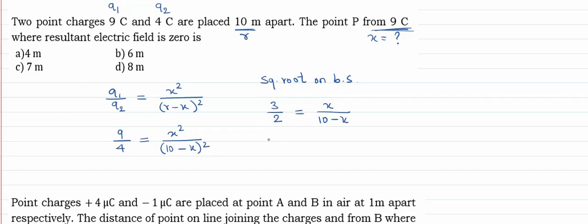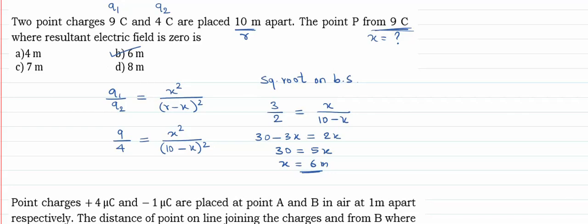Now cross multiply: 30 minus 3x is equal to 2x. So 30 is equal to 5x. Dividing by 5, x is equal to 6 meters. So option B is our answer.